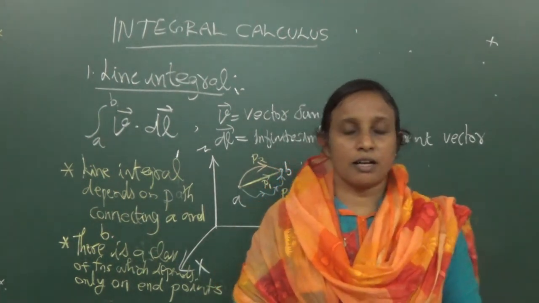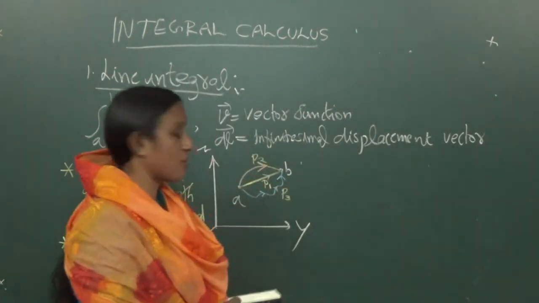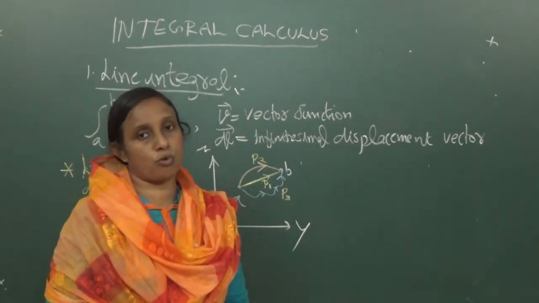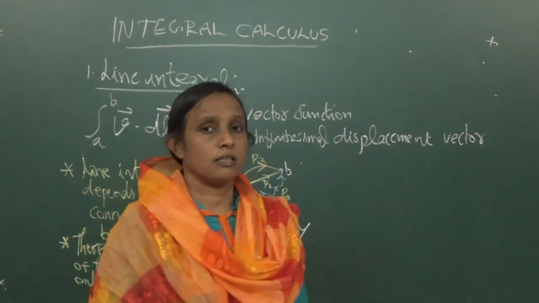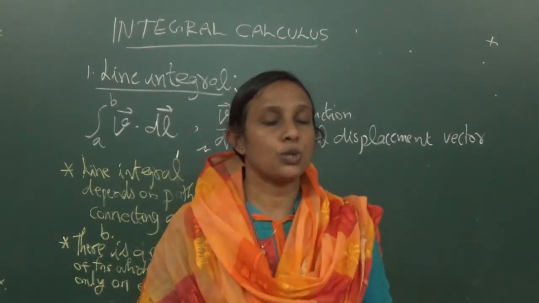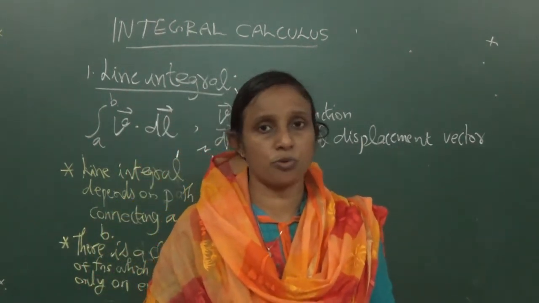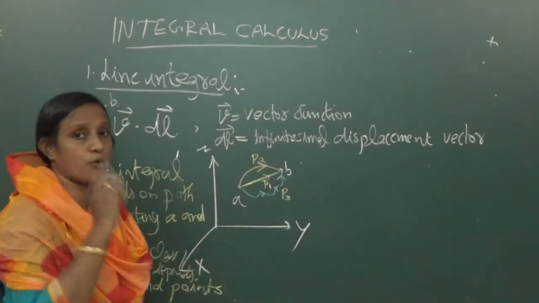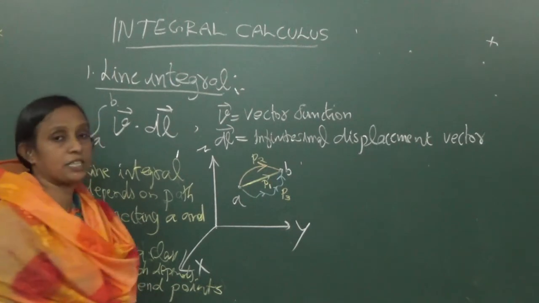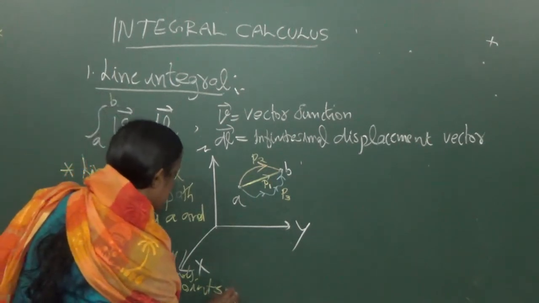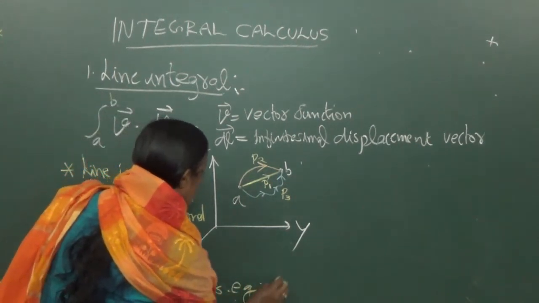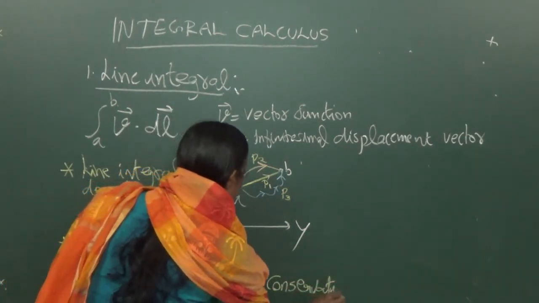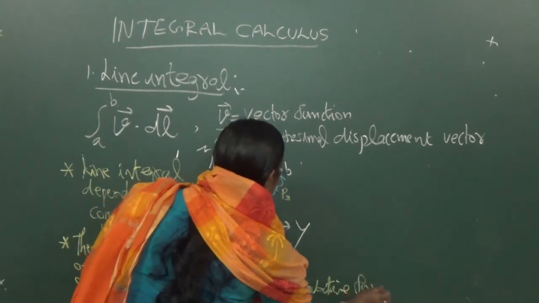An example of this type of vector function is the conservative force. In your second semester, you learned about conservative force. So the conservative force is included in this special class.